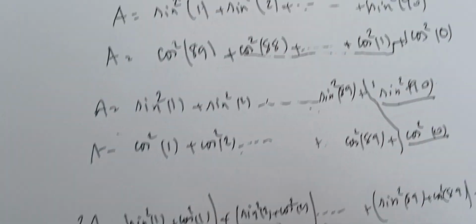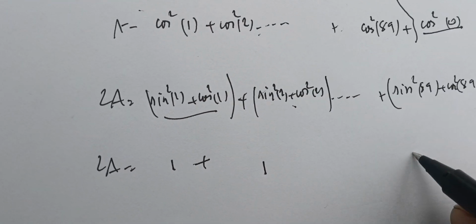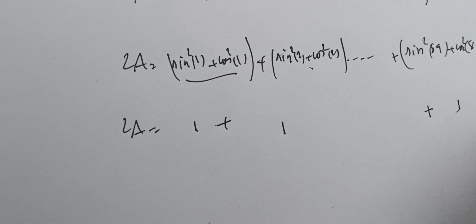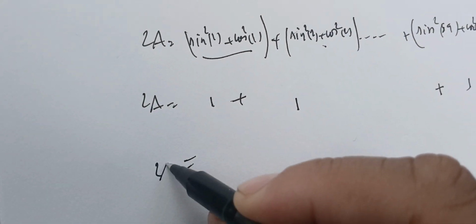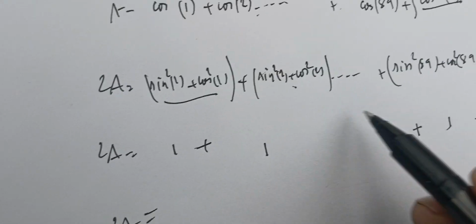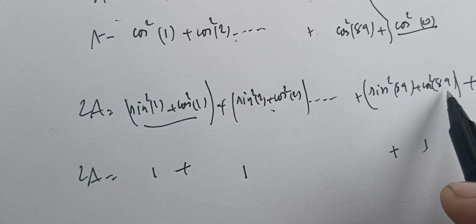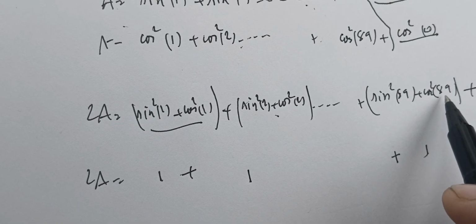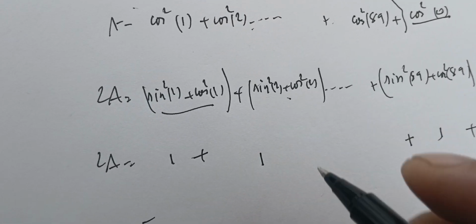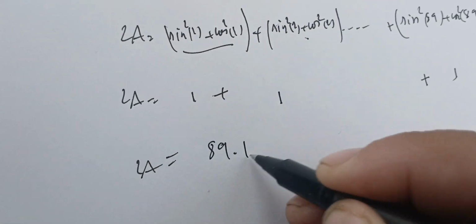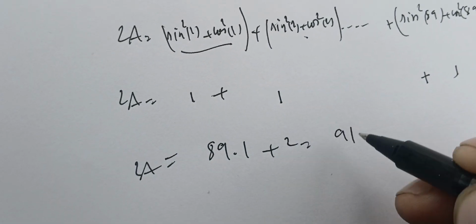Next I use the one before the last one. Therefore 2a is the sum of these ones. How many ones do I have? I started from 1 and stopped at 89, so I have 89 ones. Therefore I have 89 times 1 plus 2, which is 91.